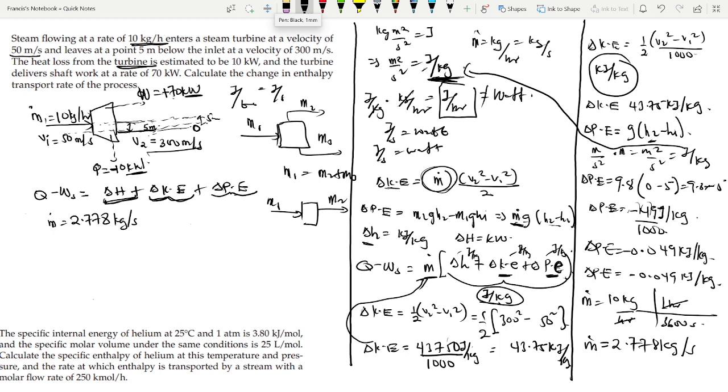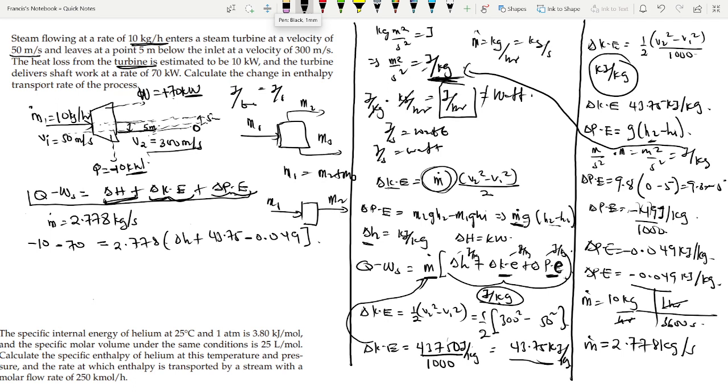So putting everything into the general equation, you are going to get Q is negative 10, our Ws is 70. They are all in kilo because we factor our mass flow rate out to 2.778. Change in enthalpy plus change in kinetic energy was 43.75, minus our potential energy, which is negative, so negative 0.049.